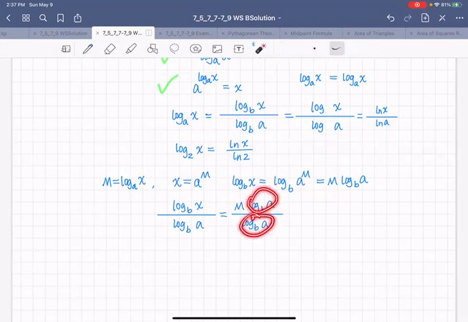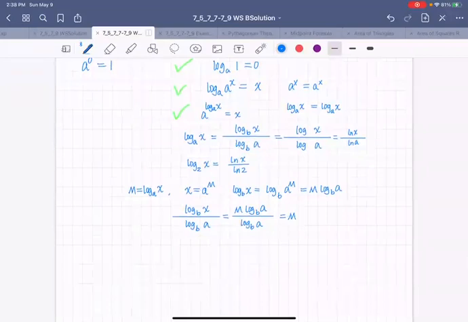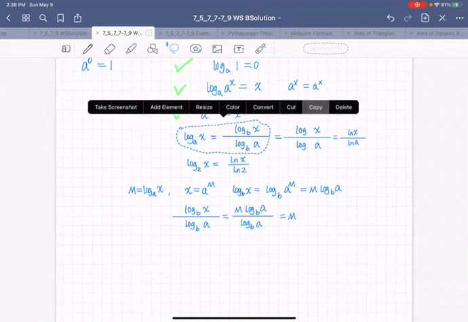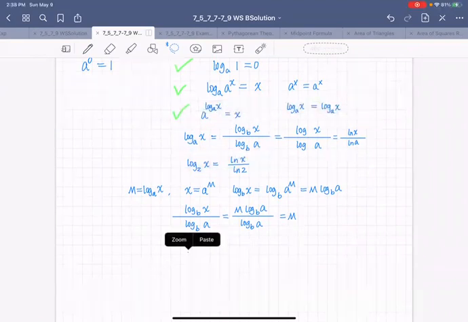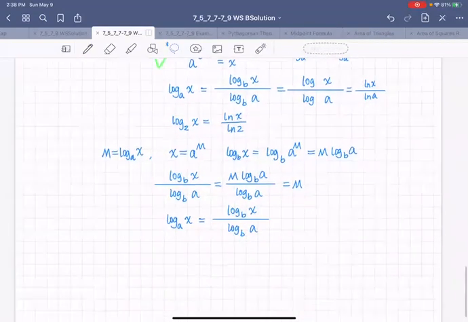This and this are exactly the same, and they are non-zero numbers that can cancel. So this equals m. On your left, that's m. On your right, that is also m. That's why this is correct.